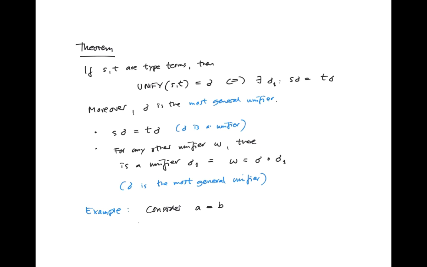Now we could take sigma 1 to be a unifier. It would map A to int, and it would also map B to int.